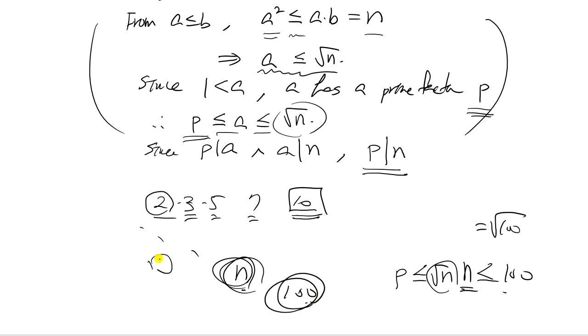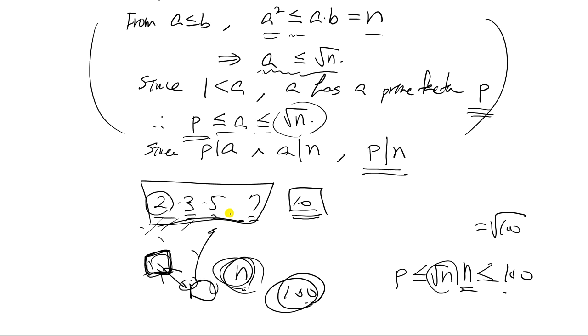And any surviving number after deleting the multiples of those numbers should be a prime number. Because if any number is a multiple of something, then it should be a multiple of one of these primes already, by this theorem.